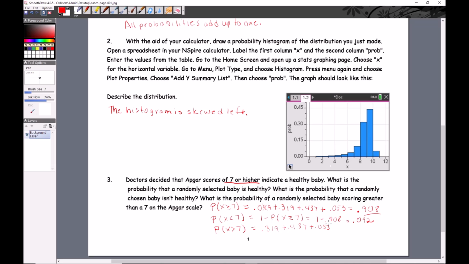So let me pull out my trusty calculator here. 0.319 plus 0.437 plus 0.053. And I'm getting, that can't be right. Hold on. 0.908 minus 0.099. 0.809. Sorry about that.